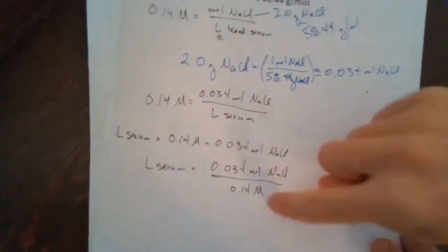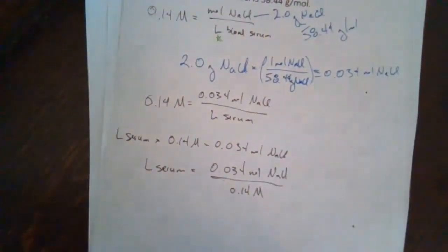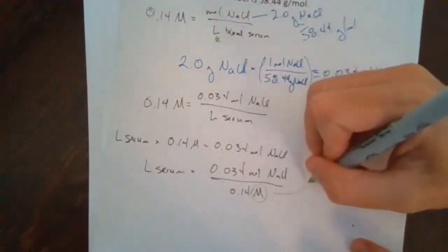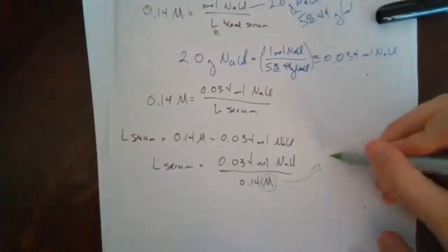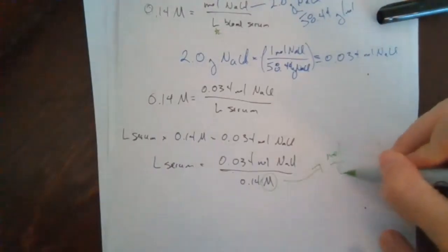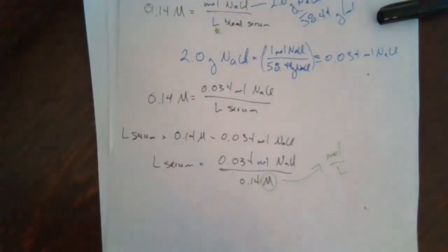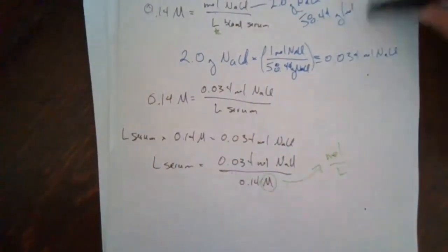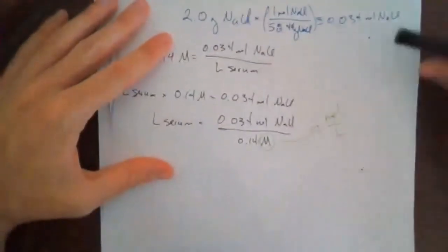Now, when we look here on face, it looks like our units are not going to work out. But when we have molarity, molarity inherently means moles per liter. Whenever we see molarity, that is a moles per liter, and we can rewrite molarity as moles per liter.